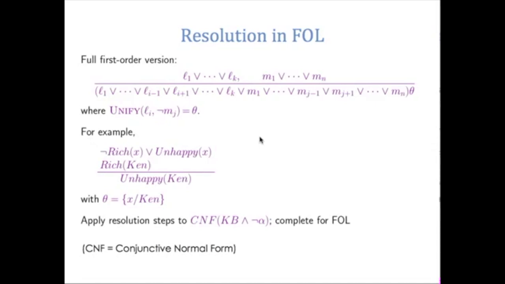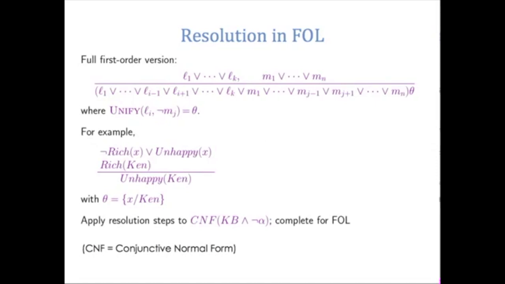And what we do is apply the steps of resolution to a knowledge base in what's called conjunctive normal form, combined with the negation of what we want to prove, some sentence alpha, and if that resolves, then effectively we proved alpha.